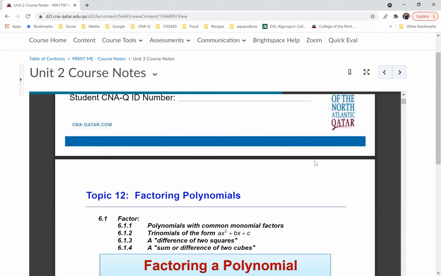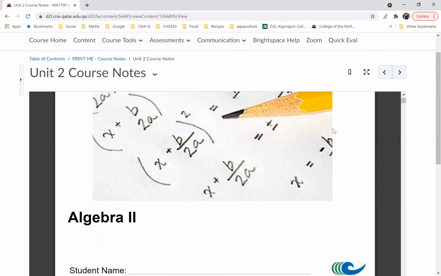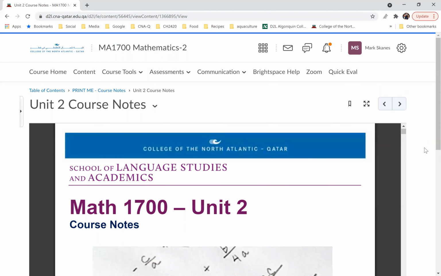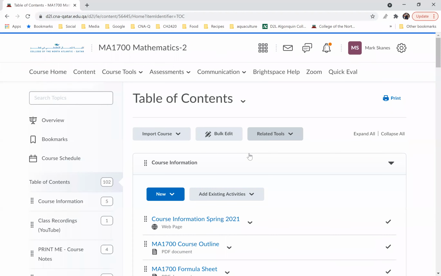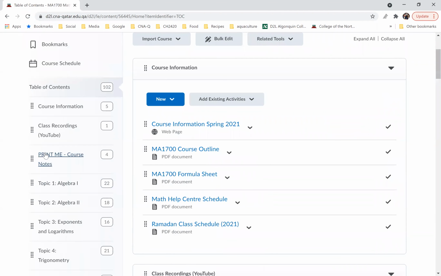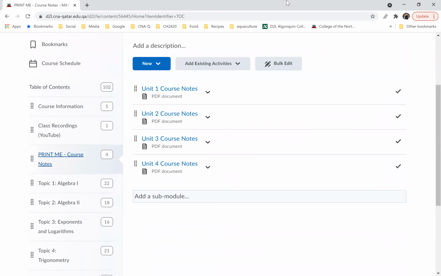So topics 12, 13, and 14 are about polynomials, which of course, I'm going to open up in Adobe to show you, but this is where you can get all of your course notes. Let me show you that again, because it's been a long time since I've done this. There's two really important sections here. You have the recordings that I put on YouTube and then the print-me course notes.